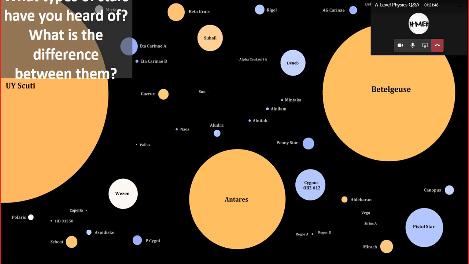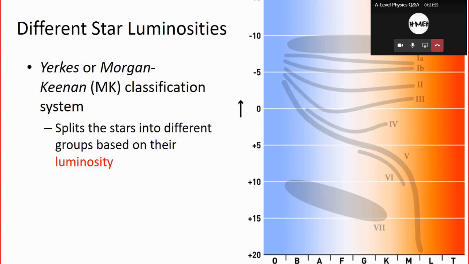So the system we're going to start having a look at to begin with, if I can get my PowerPoint to go forward here, is basically the fact that we have different names for different stars depending on how bright they are. We don't have to know details like it's called the Yerkes or Morgan-Keenan classification system. Basically, we're just grouping these based on how luminous, how bright they are.